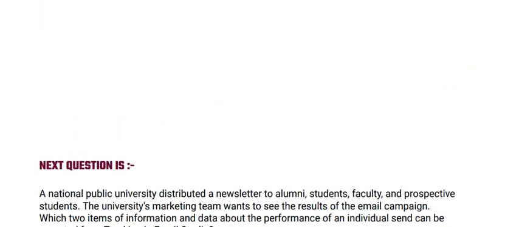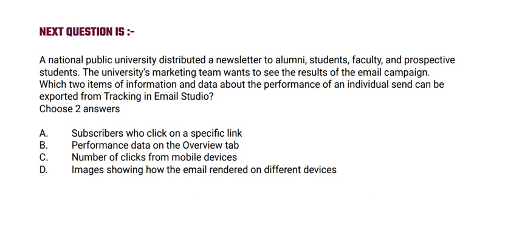Next question is, a national public university distributed a newsletter to alumni, students, faculty, and prospective students. The university's marketing team wants to see the results of the email campaign. Which two items of information and data about the performance of an individual send can be exported from tracking in Email Studio?